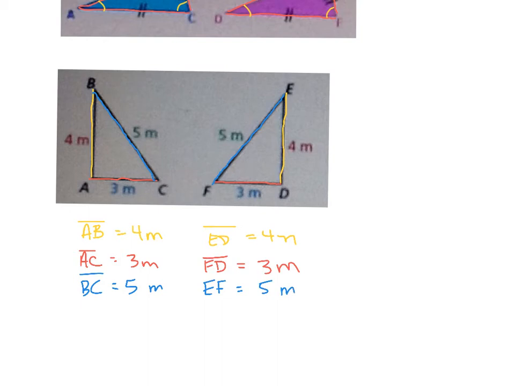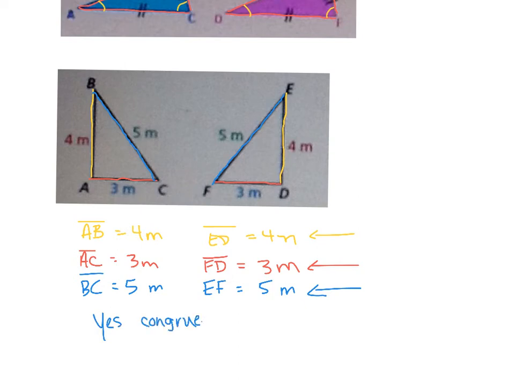Okay, so since all of my colors are the same, the yellows are the same for both, the reds are the same for both, and the blues are the same for both. Another way to say that, the longest straight side is the same for both, the shortest straight side is the same for both, and the hypotenuse or that diagonal line is the same for both. We can say, yes, they are congruent.